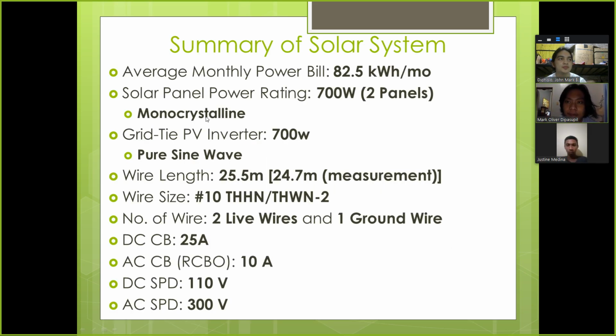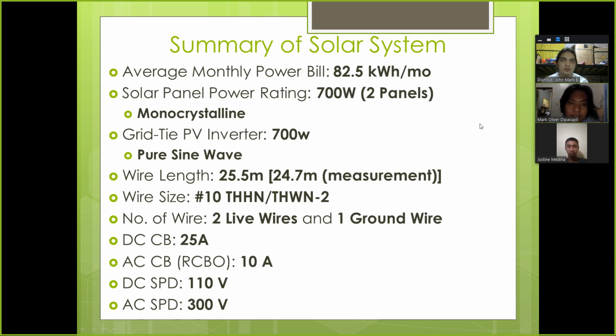So again, to recap all of our computations, yung average monthly power bill natin based sa 2 buwan na electric bills is meron tayong 82.5 kilowatt hours per month. So, yung nagagamit namin per month. And yung rating natin, dalawa yung panels na meron tayong 700 watts.